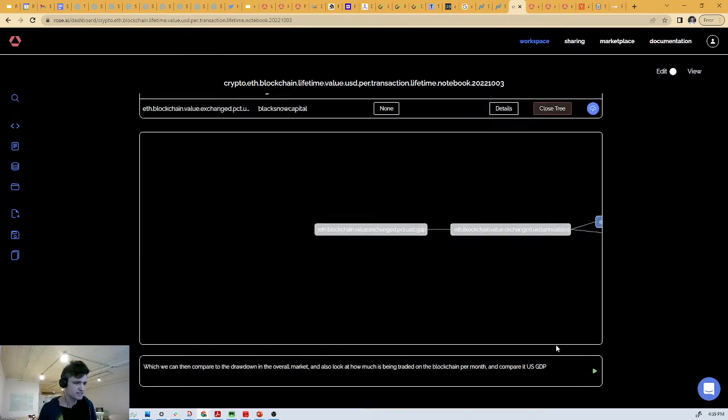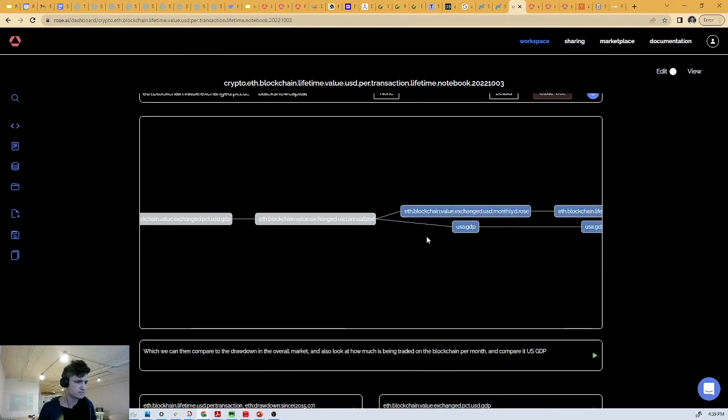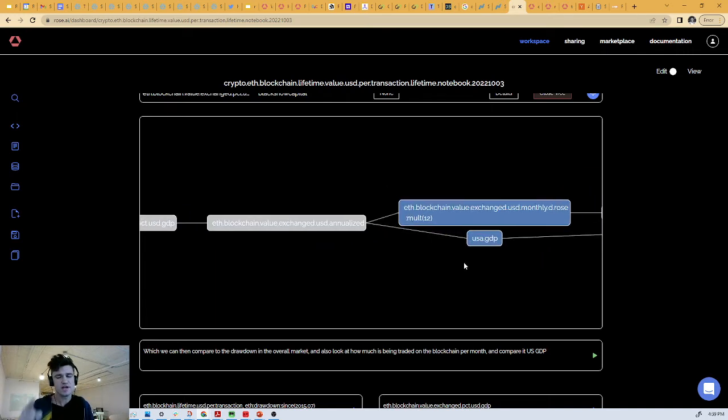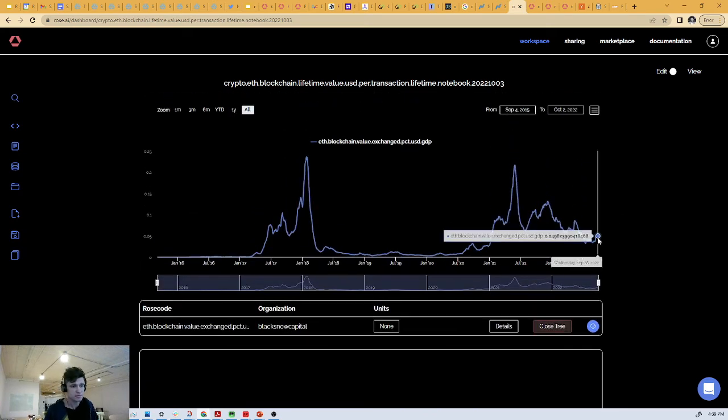Well, this one says something different. It says take the monthly change of ETH traded total, multiply that by the average price of ETH in that month, and tell me on an annualized basis, aka multiplied by 12, how much activity that would be. So we can compare it to US GDP.